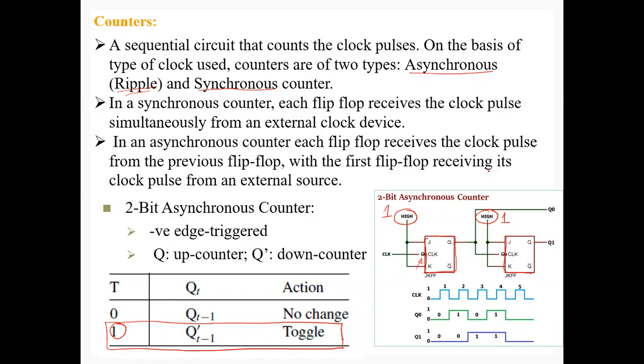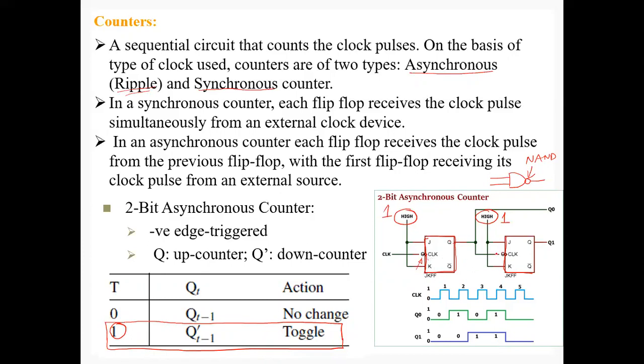Remember in digital electronics, we always represent negative by a bubble, right? Remember this is a NAND gate. This bubble means negative, means NAND. In the same way, there is a bubble here. It means this works on the negative trigger.